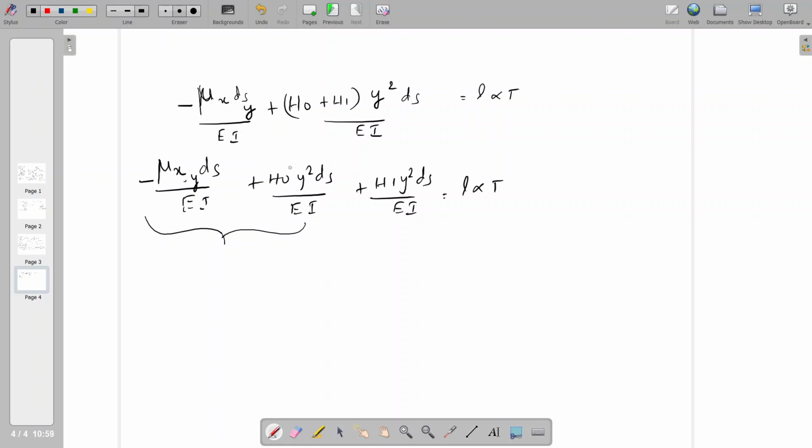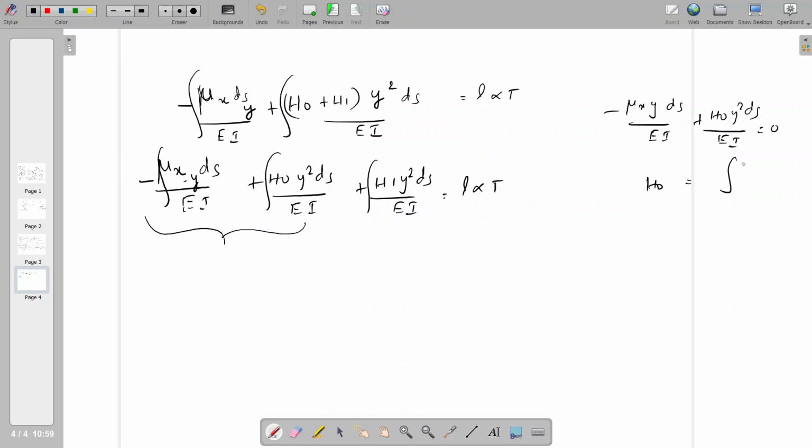By this only we are calculating H. If you consider this equation, minus Mu x y ds by EI plus H0 y square ds by EI equal to 0, H0 equal to the integration of Mu y ds by EI divided by the integration of y square ds by EI.